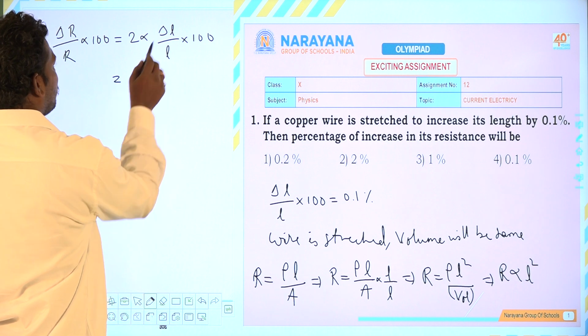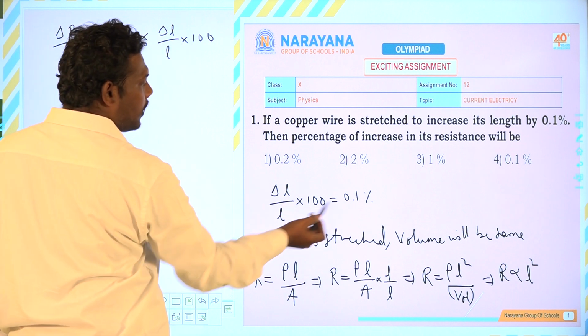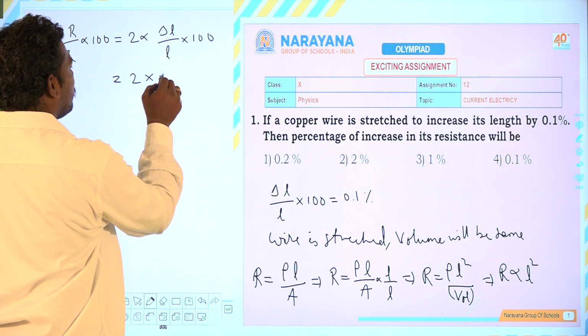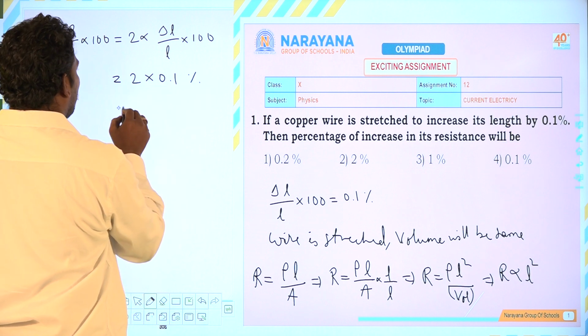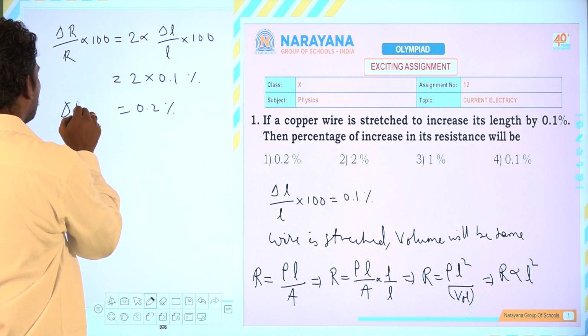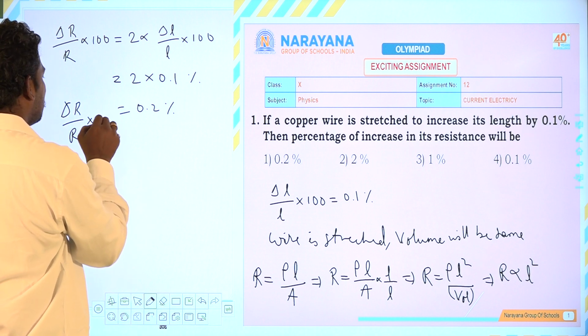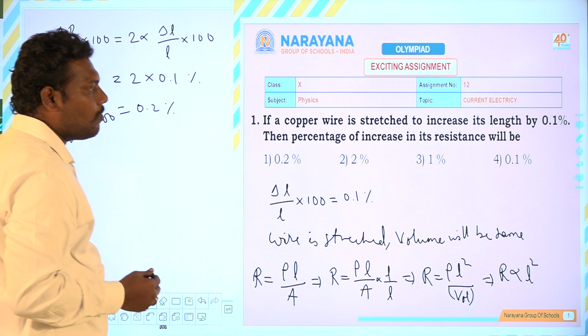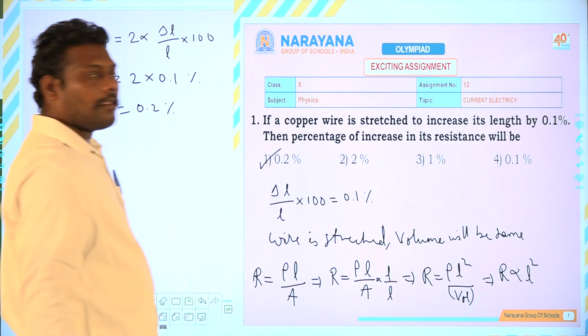The percentage change in length is already given as 0.1, so 2 into 0.1% equals 0.2%. So the percentage change in resistance is 0.2%.